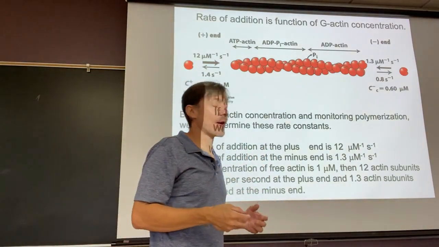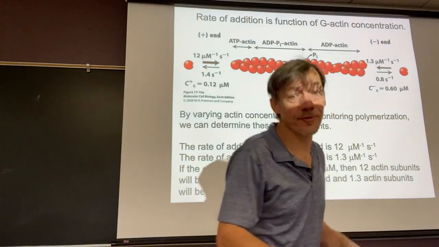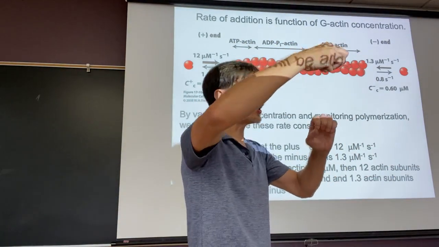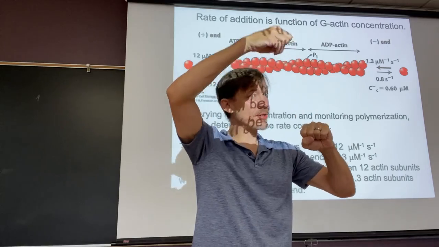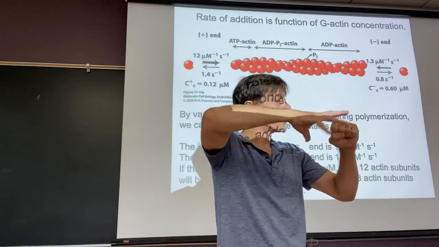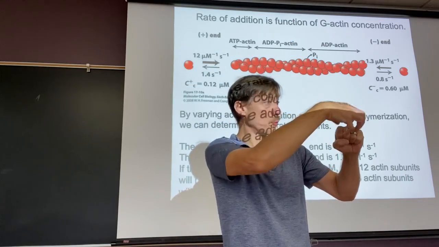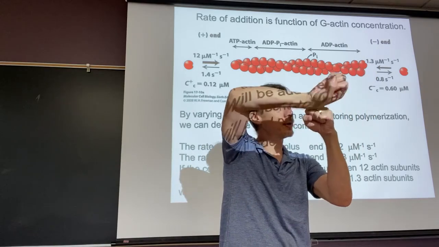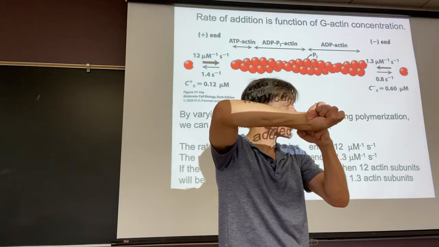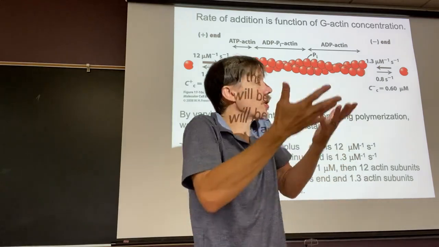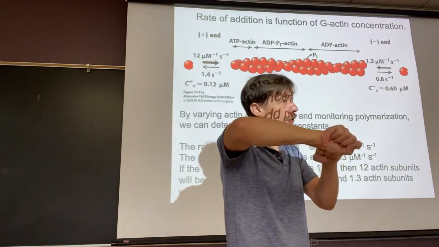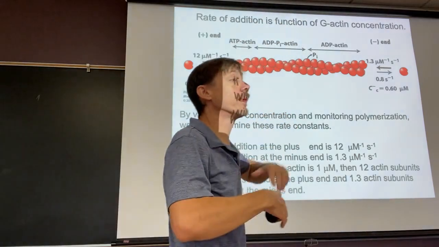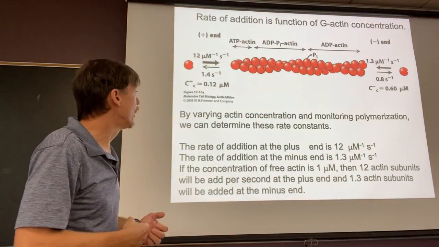If you've got an actin filament and there's soluble actin in solution, just by chance, that soluble actin has to get to the region where the end of the filament is, and it has to have the right orientation, and when all of those things are right, you get assembly. As concentration rises, the probability of that event goes up. So the rate of addition is a function of concentration.